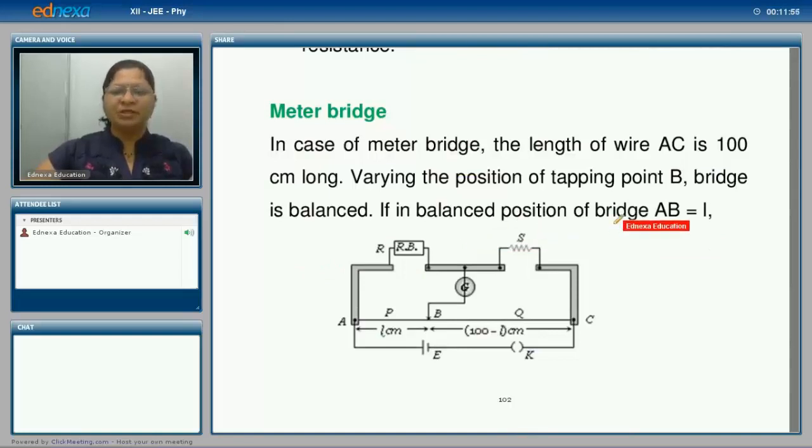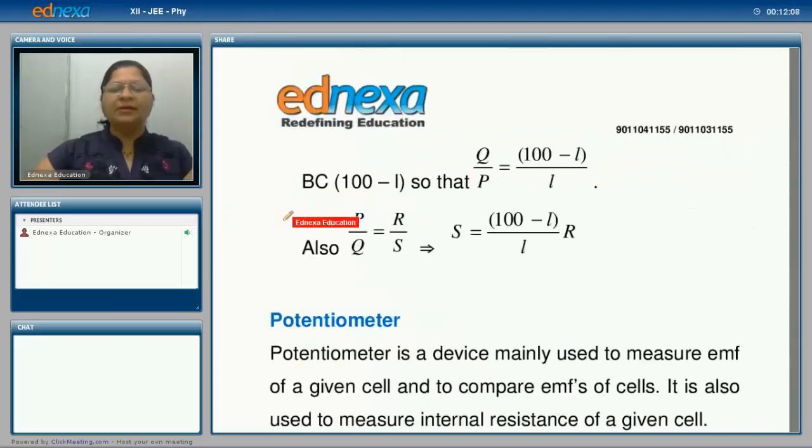If in the balanced position of the bridge AB is equal to L, then BC, the remaining length, comes out to be 100 minus L, and you can write one condition, that is Q upon P is equal to (100 minus L) upon L. But we know that P upon Q is equal to R upon S, and therefore S comes out to be (100 minus L) upon L into R.